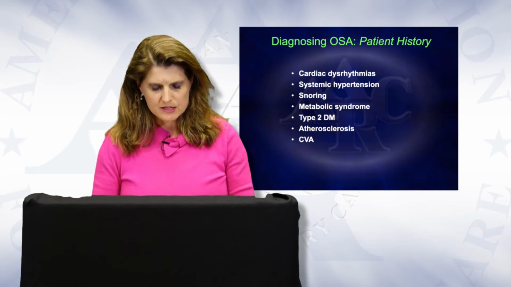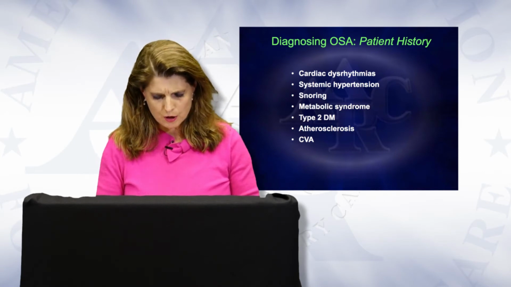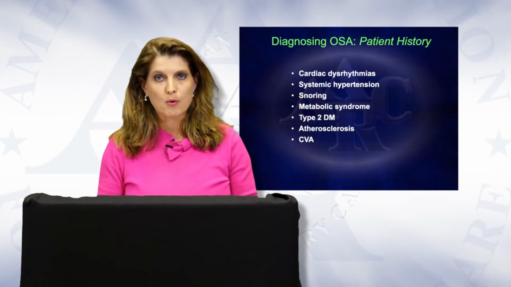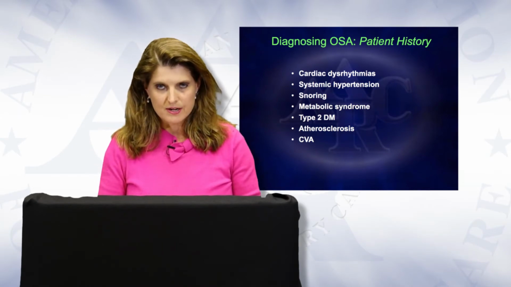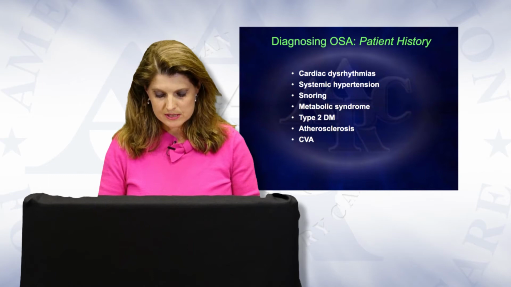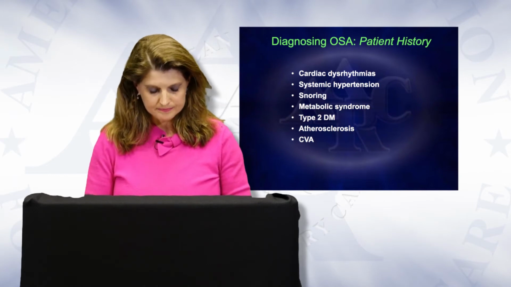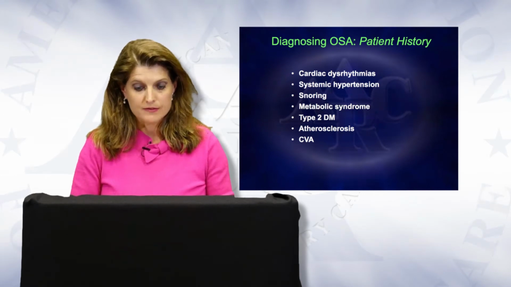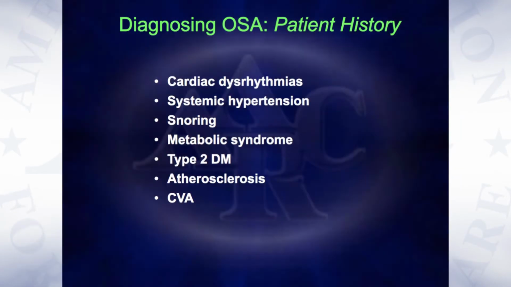Now, OSA has an association with the metabolic syndrome. The metabolic syndrome is now currently recognized as an important contributor to the development of atherosclerosis and cardiovascular disease. OSA is associated with an increased risk of type 2 diabetes mellitus. OSA patients have double the presence of underlying coronary artery disease.